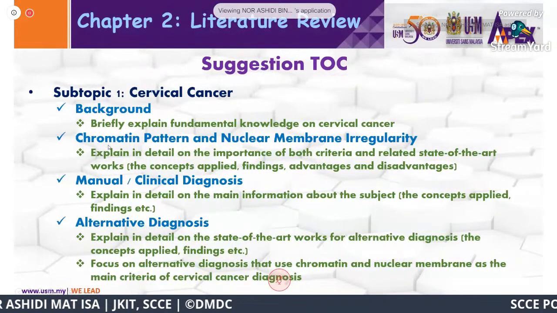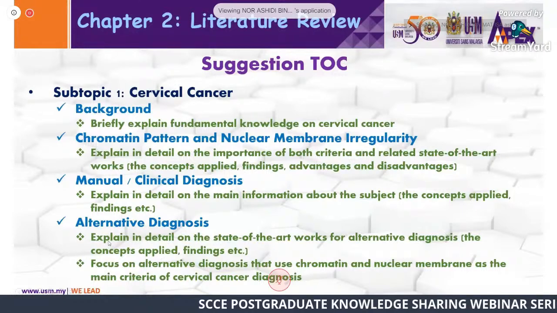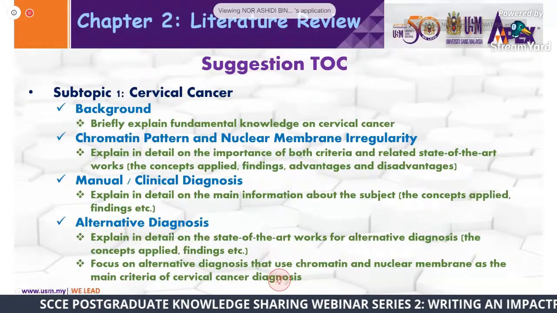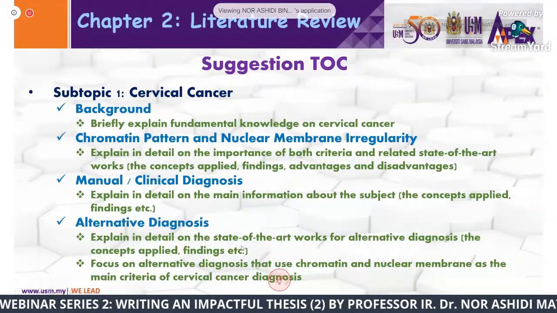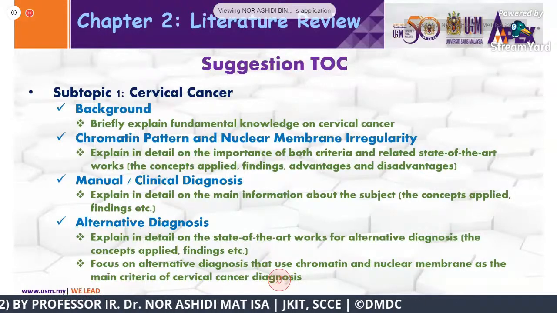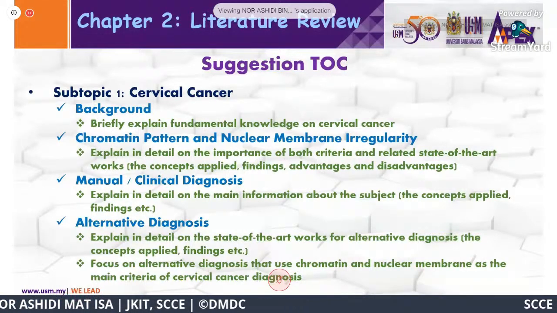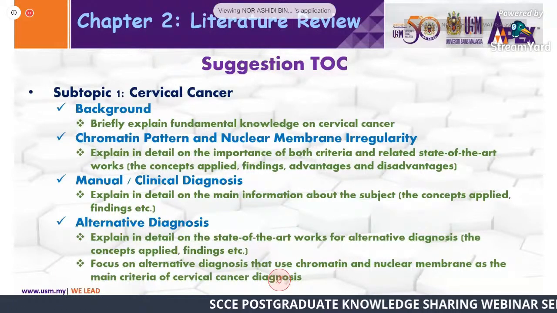Because now you want to focus on these two, and at the first subtopic here, maybe you have an alternative diagnosis for cervical cancer that uses other criteria, which is size, color, the nuclear features, cytoplasm, and so on.